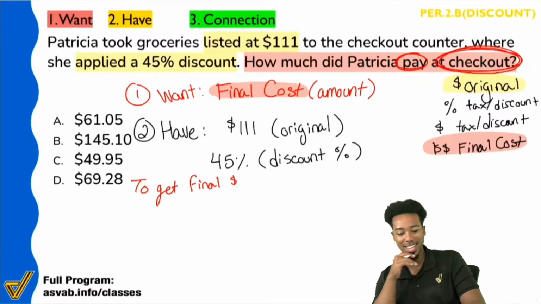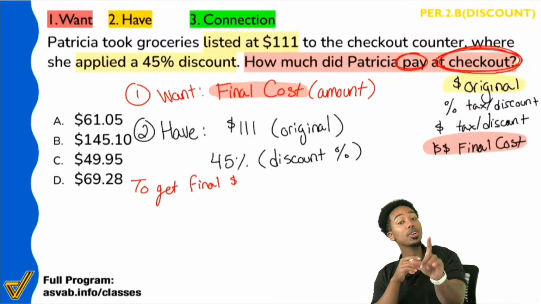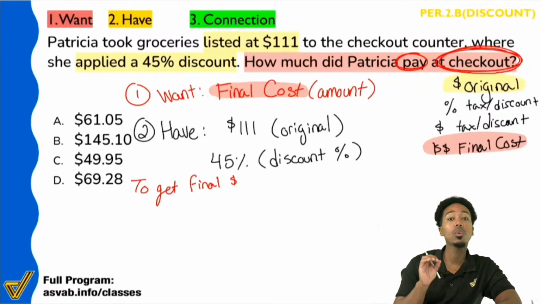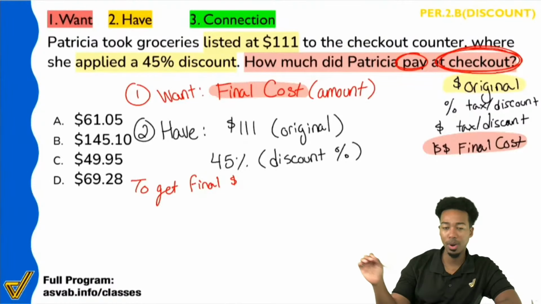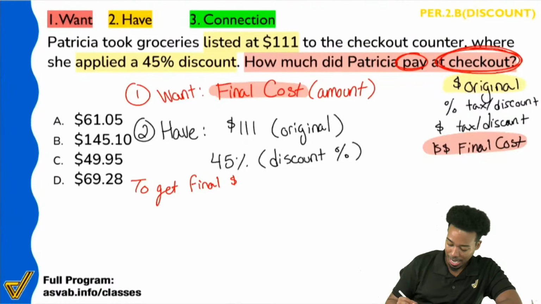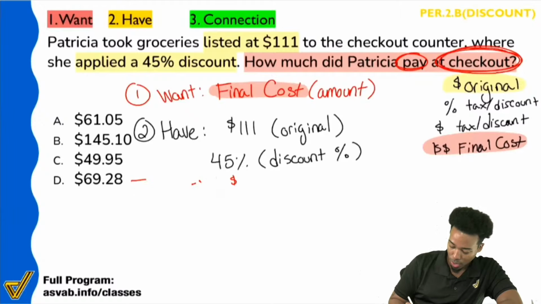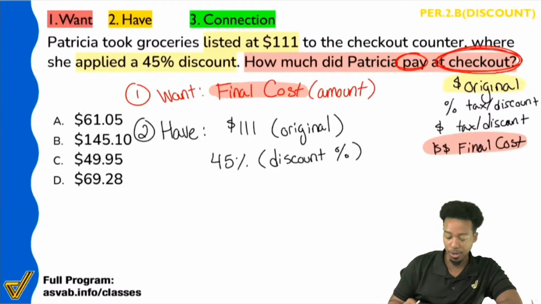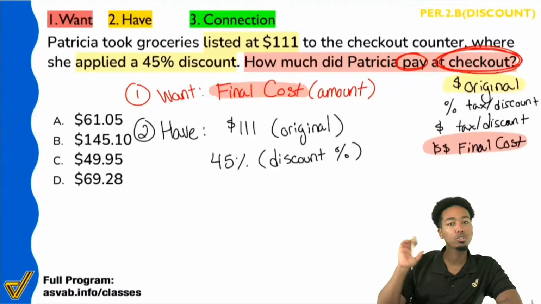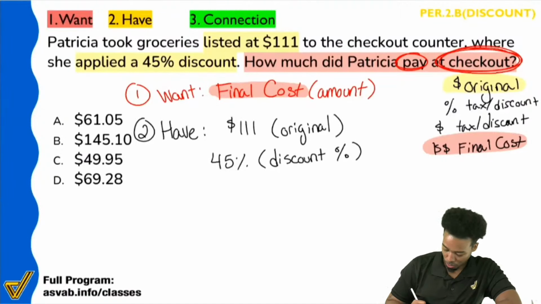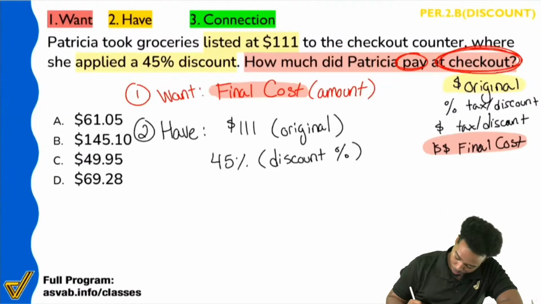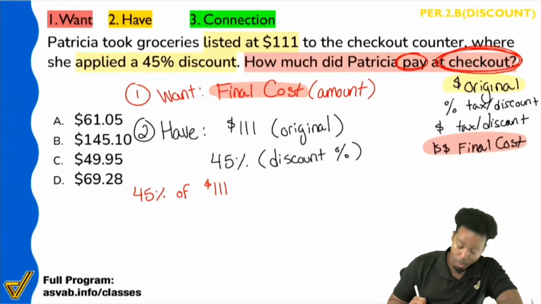Okay, so I see where there's a gap in some of our understanding, and that's completely okay because I'm going to show you what would happen if you did go about it that way. So watch this, everybody. Let me just erase this for a moment. I'll bring this back in a second here. Let's say we were just going to apply the 45%. If I'm going to do 45% of the 111, remember everybody, this 45% represents the discount percent.